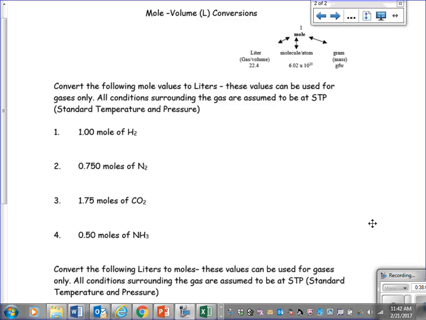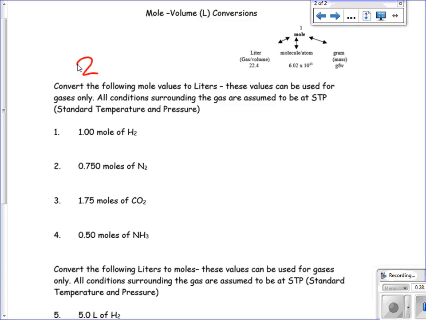How many liters equals 1 mole? 22.4, good. 22.4 liters of any gas equals 1 mole. Of course, this is at standard temperature pressure. That's 0 degrees Celsius and 1 atmosphere.